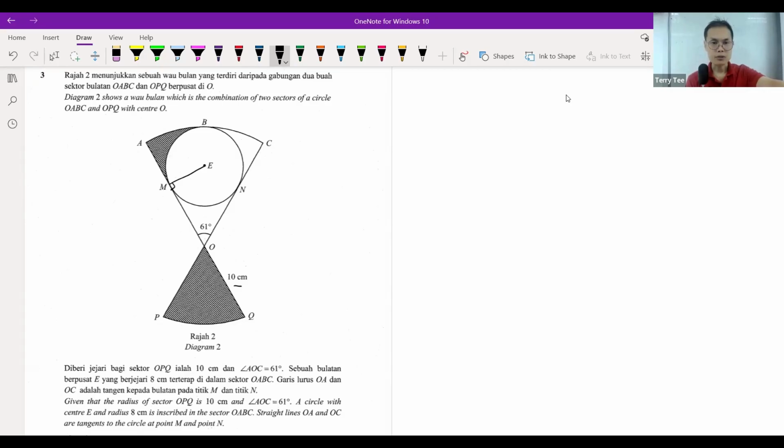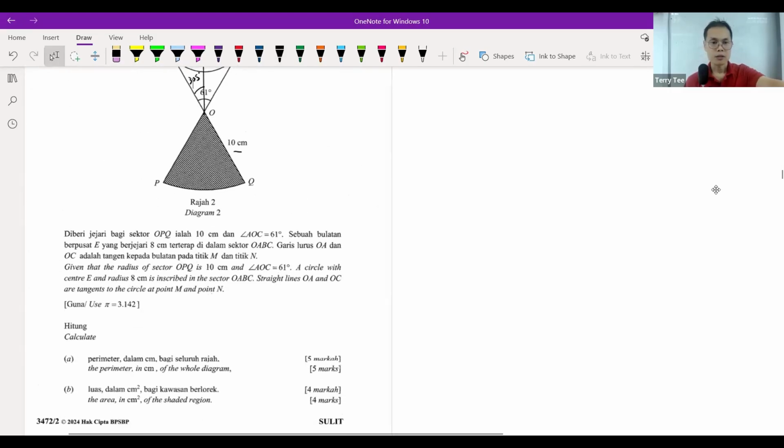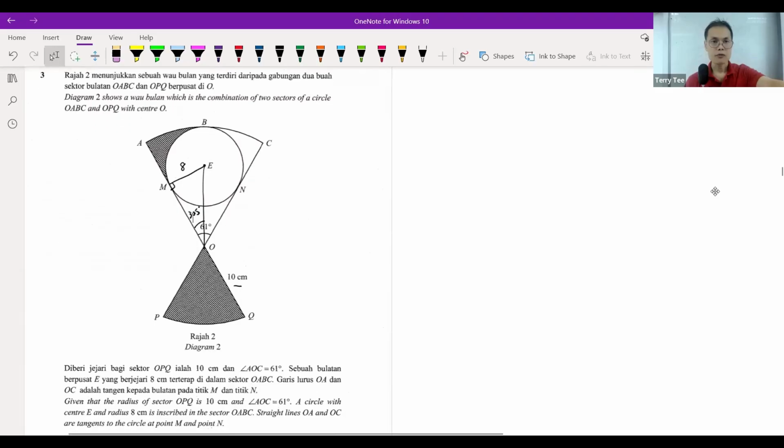The radius of this circle is 8, so we can split into 2, and therefore this angle here is 61 divided by 2. We can write 30.5. Okay, so we're supposed to find the first part, the perimeter of the entire diagram. So for the entire diagram, right, nothing to do with the circle inside.